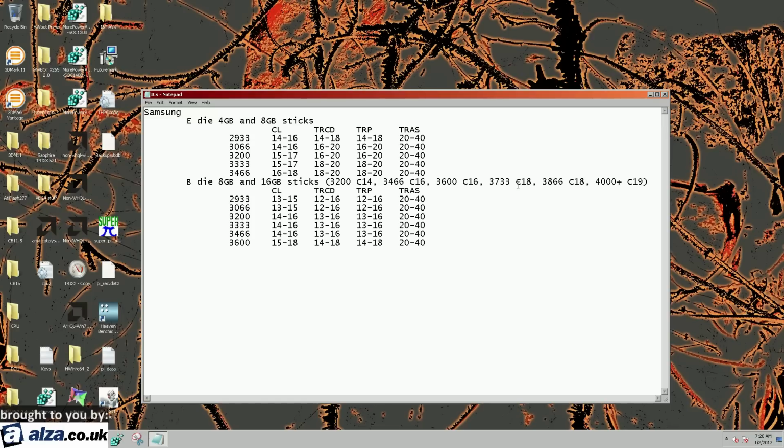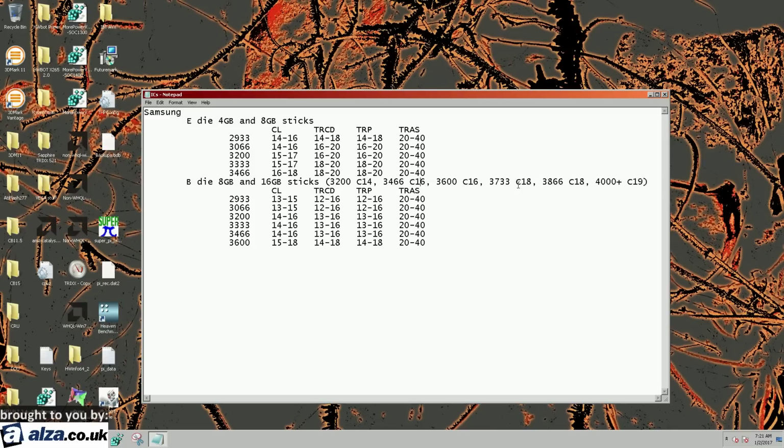For example, at CL18, A-die could do 3600 easy. That wouldn't be a problem for A-die. So if you're buying a 3600 CL18 kit, there's a small chance you might end up with A-die, and you really don't want that, because you're spending a lot of money on a 3600 megahertz kit, and if you end up with terrible memory chips, you're never going to run it anywhere near that speed. So yeah, keep that in mind.